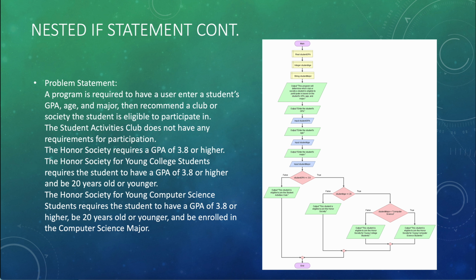The Honor Society for Young College Students would require that GPA and that the student be 20 years old or younger. The Honor Society for Young Computer Science Students requires the same GPA and age, but they also have to be enrolled in the computer science major. And then our Student Activities Club is pretty much open to anyone. There's no requirements for participation.